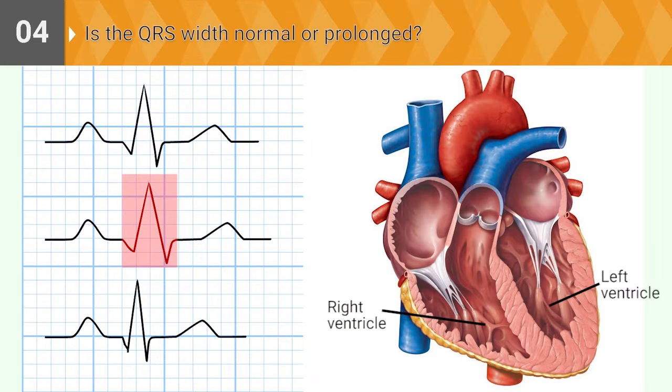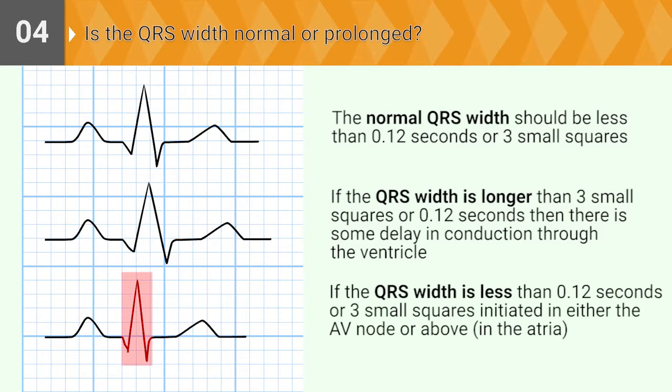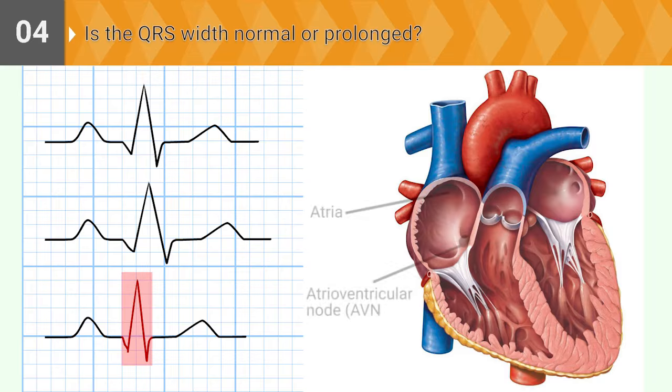For the purposes of rhythm interpretation, we are going to consider that any broad QRS complex, greater than 0.12 seconds, is likely to have been initiated in the ventricle. On the other hand, a narrow complex that falls within the normal range of less than 0.12 seconds or 3 small squares will have been initiated in either the AV node or above, that is, in the atria, and rapidly conducted down the specialised tissues.